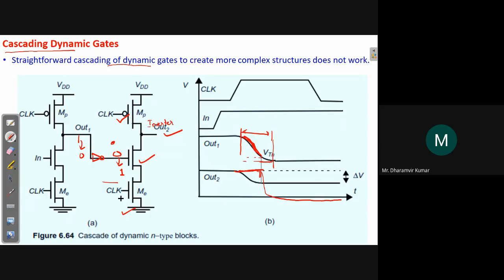If we are using domino logic, there's one more point: after each stage we are using an inverter. Okay, so output 2 will also be fed to an inverter, and this would be the final output. So output 2 becomes 0, and the invert of 0 becomes 1. So when we plot this, the final output would be 1.